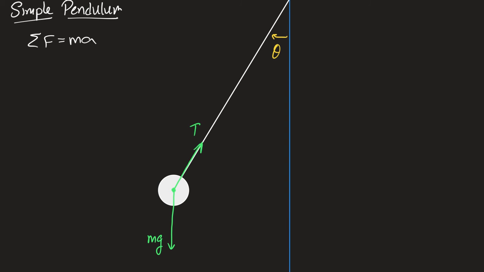This blue line is not the path of the object. The path of the object will be something like that. Make sense so far? Now, I'm going to use the coordinate system that is based on the red line.